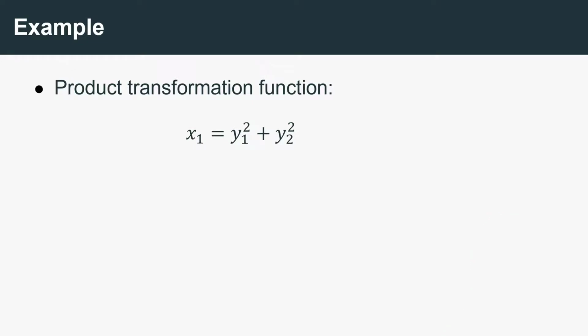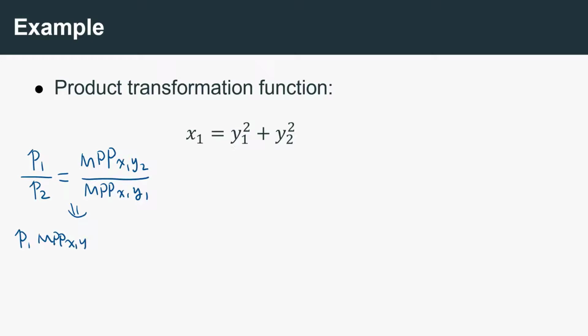We just mentioned that the optimality condition is that the ratio of the output prices is equal to the ratio of the marginal physical products, or you can just write it as what we mentioned, the equal marginal return principle: P1 times MPP x1 y1 equals P2 times MPP x1 y2.